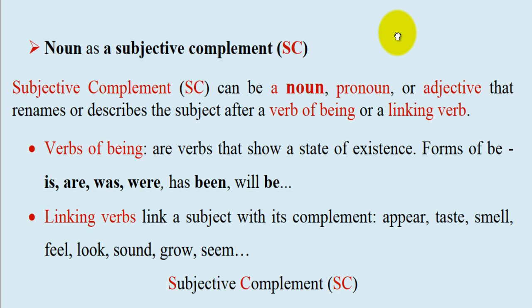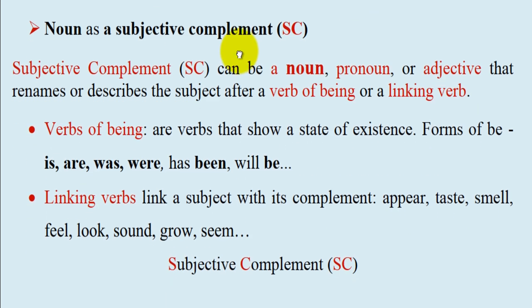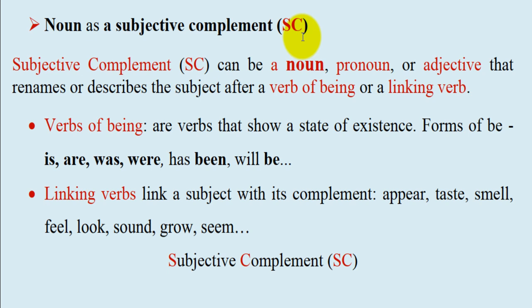Noun that serves as subjective complement. SC, abbreviation. Subjective complement can be a noun, in our case, pronoun or adjective that renames or describes the subject after a verb of being or a linking verb. So you should be able now to distinguish between a verb of being and a linking verb.